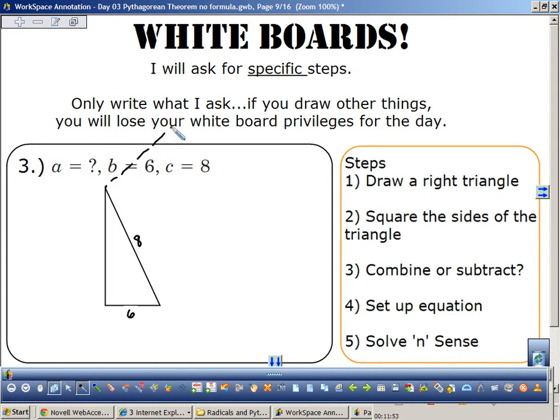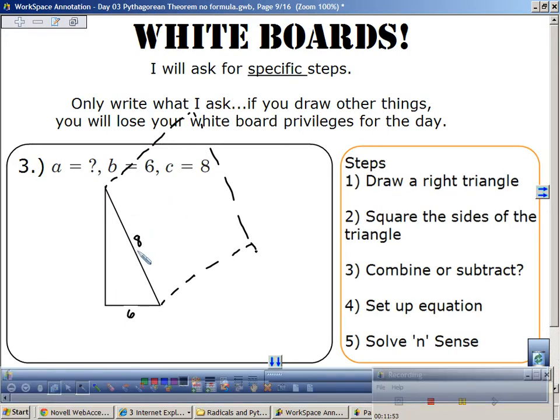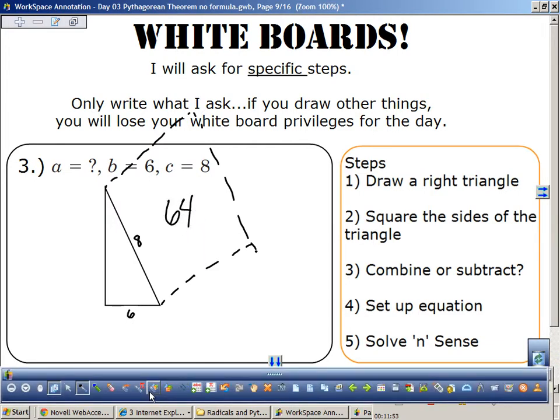Then the area of this square is what? If the side is 8, then the inside is 64. And if this side is 6, what's the area? 36.